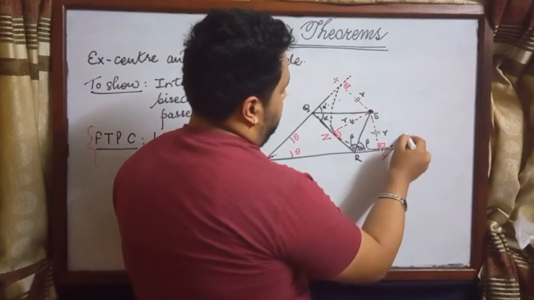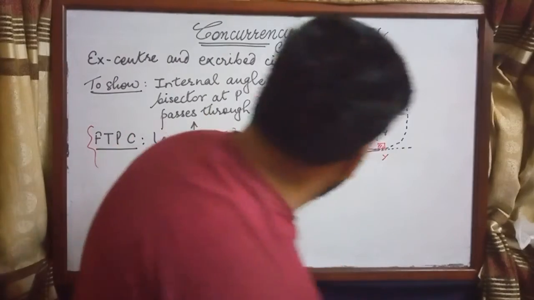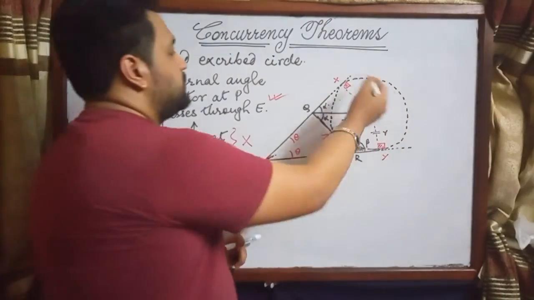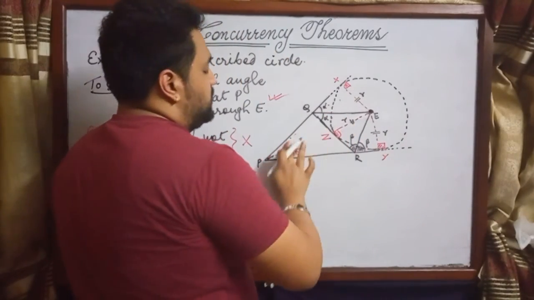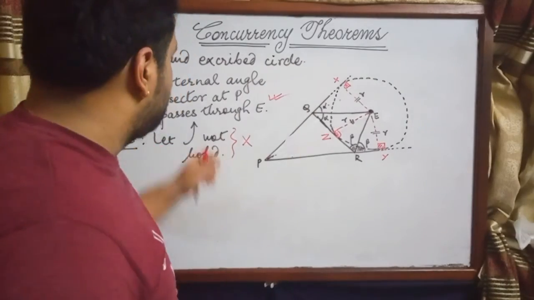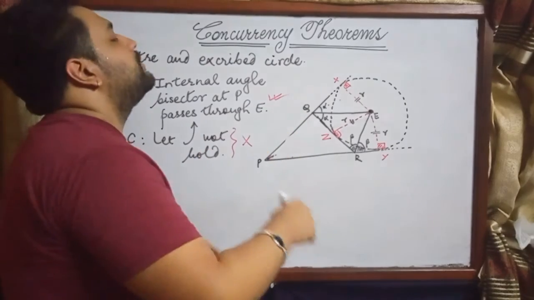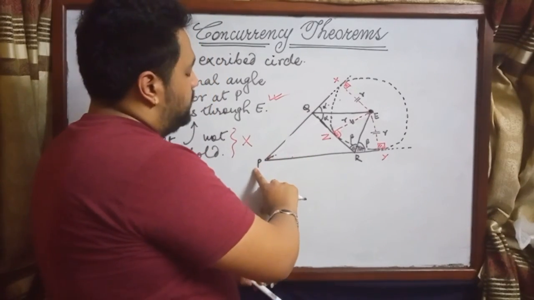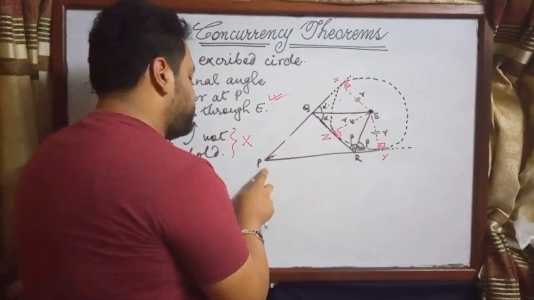The circle would look something like this. Not a bad circle. And this circle is called the ascribed circle, or the excircle of the triangle PQR with respect to the vertex P.